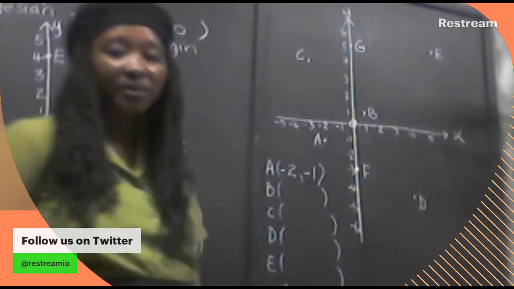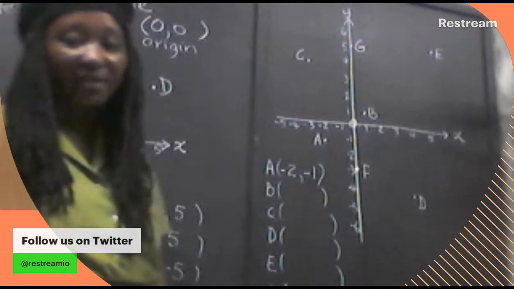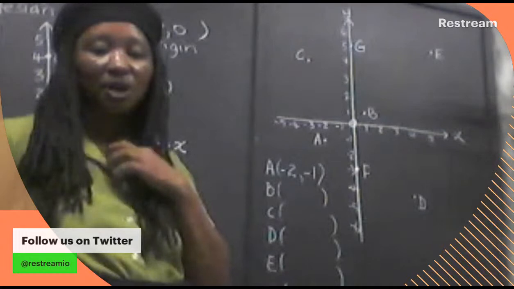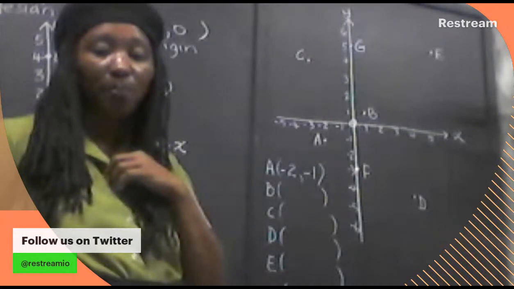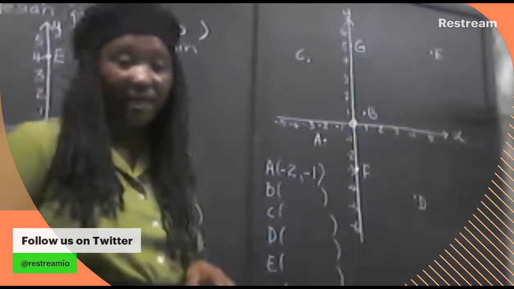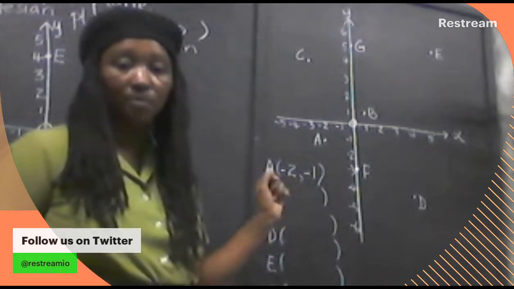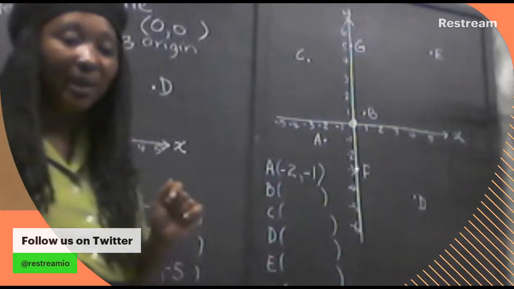Do we move to the right or left for the x? And do we move up or down on the y? That will determine whether it's positive or negative. All right, so quickly jot down the points for B. And now let's do it together.